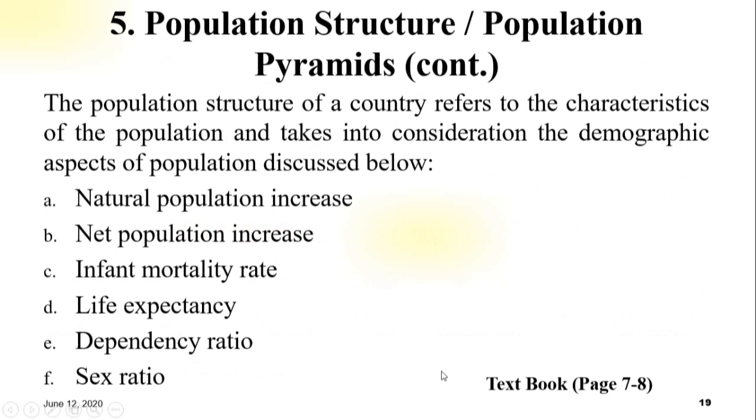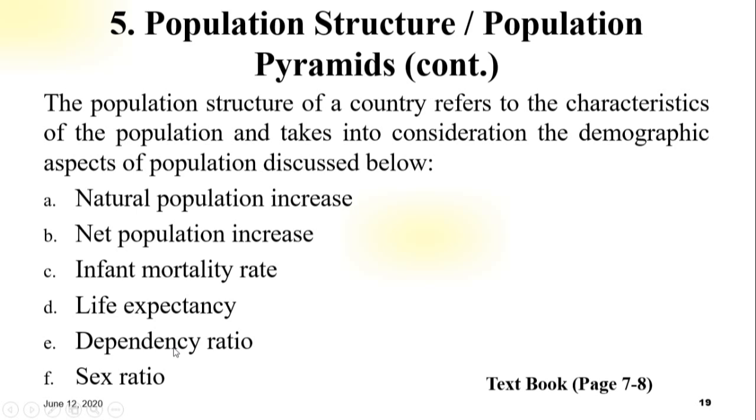The population structure of a country refers to the characteristics of the population and takes into consideration the demographic aspects of population discussed below. The first point talks about natural population increase.